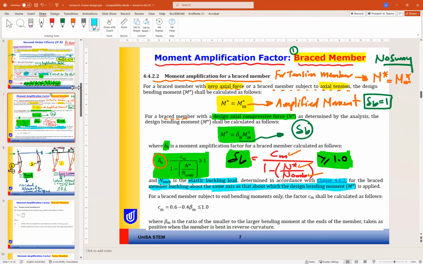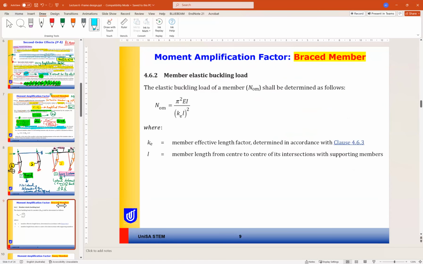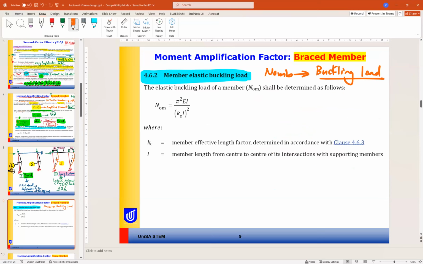So this means NOMB is the buckling load. NOMB is the elastic buckling load, or what we call the Euler load.